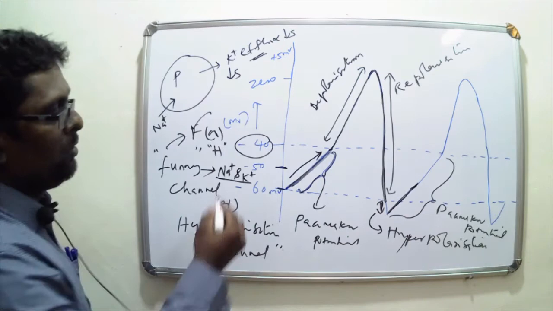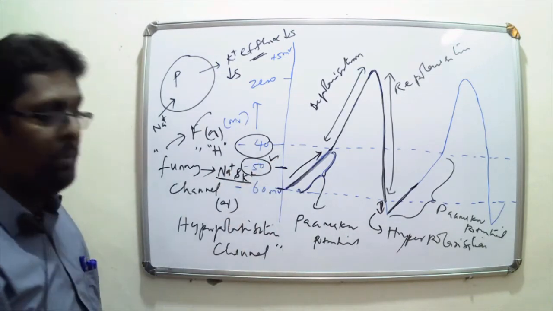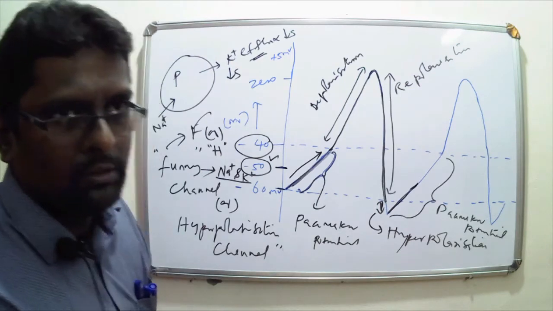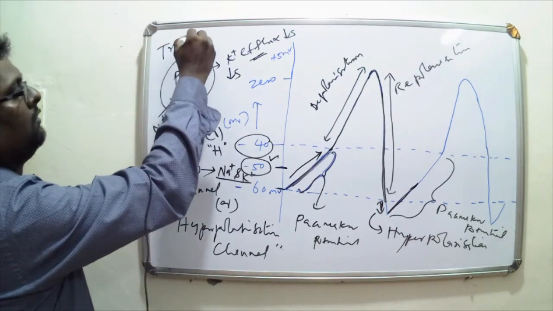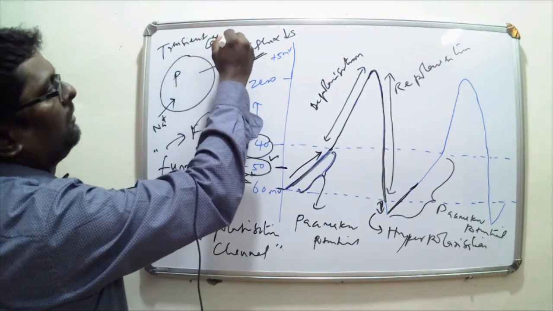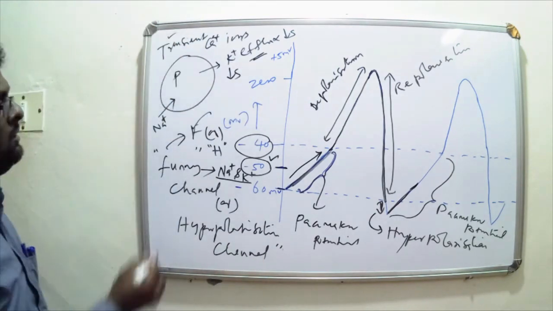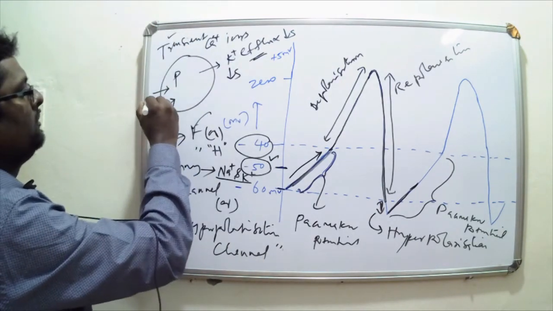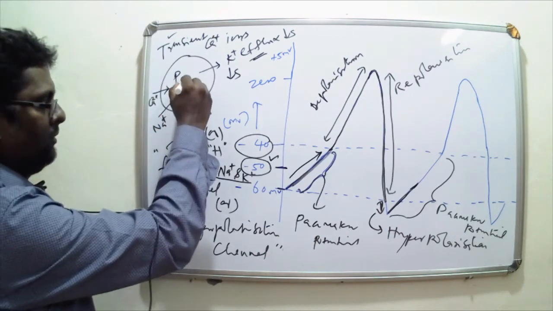Once this minus 50 millivolts is reached, another type of channel called transient calcium channels open up. Opening of these channels causes calcium to move from extracellular fluid into the pacemaker cell.